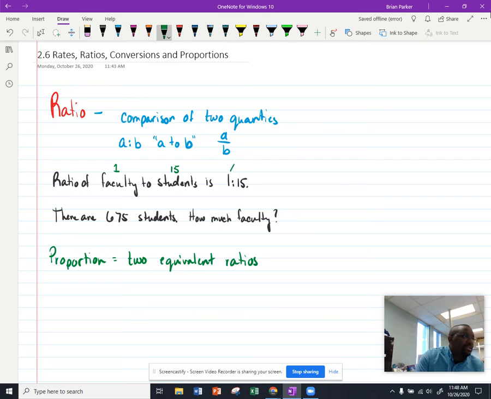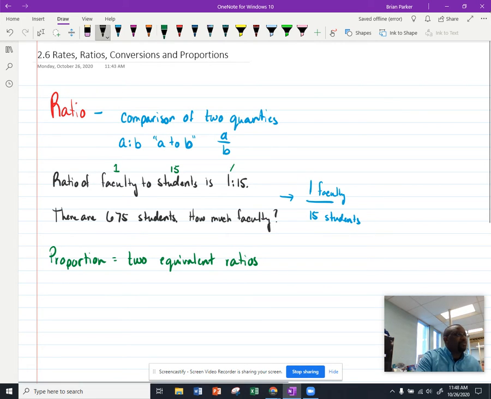So in this case, there's normally one faculty member for every 15 students. Since these two are going to be proportional, I use my equal sign. How much faculty, so that's X, the thing I don't know, if there are 675 students.